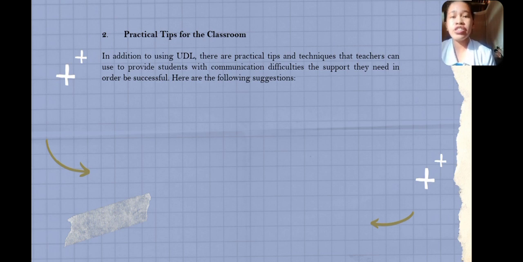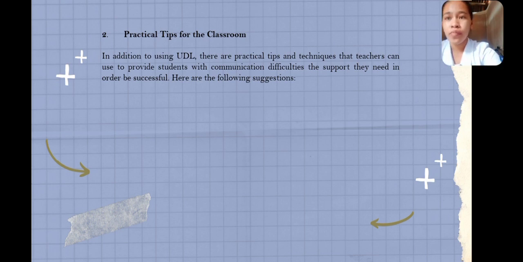These suggestions are best implemented in a classroom that promotes a supportive and respectful culture, one that acknowledges and accepts diversity and allows accommodations for learners with difficulties or disorders.